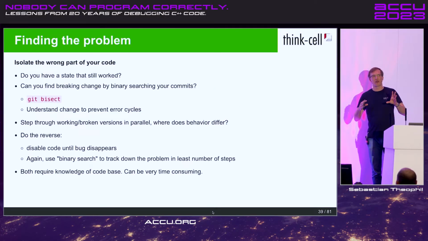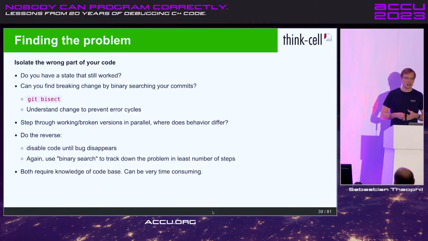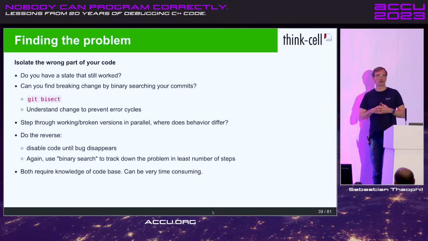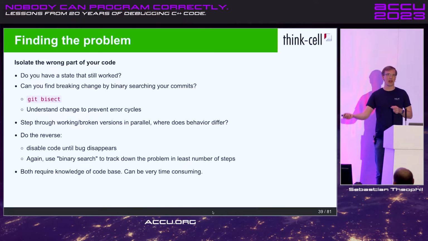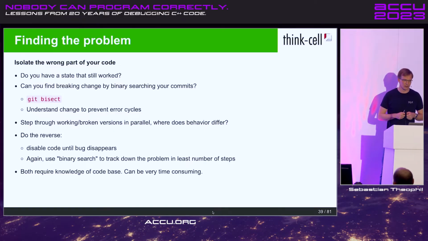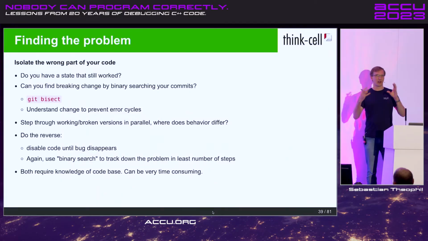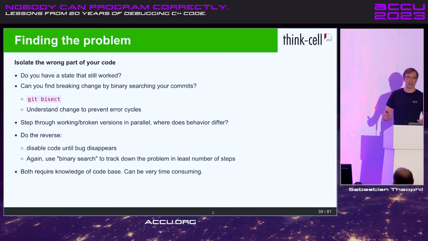Sometimes you know that an older version of your software did not have a bug. So you can compare the two in different ways. For example, you can walk backwards in your source control system and try to find out where the bug you're seeing now was first introduced, using git bisect, for example. And if you can figure that out, then that has a very big advantage.